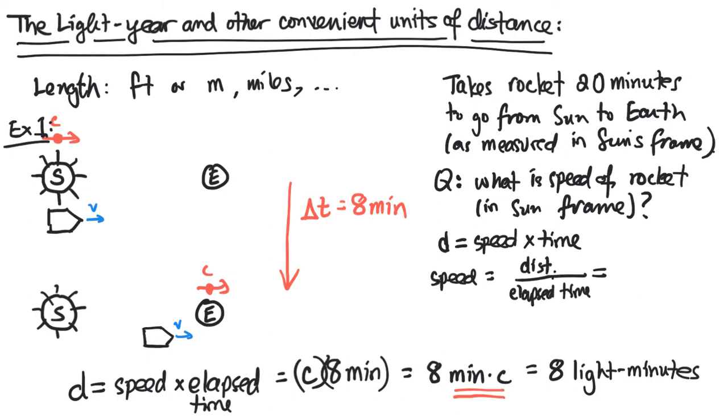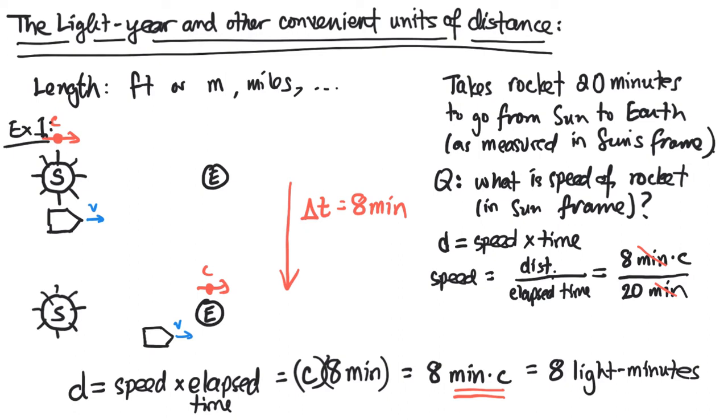The distance between the sun and the earth is 8 light minutes, or 8 minutes times c, divided by the elapsed time of 20 minutes. Now the minutes cancel, and we're left with 8 over 20.